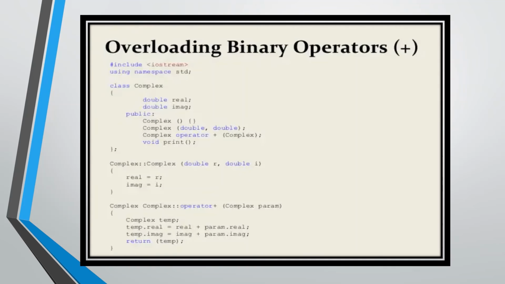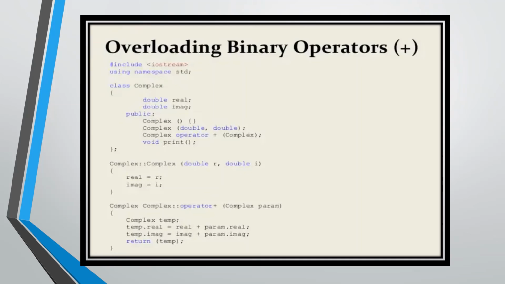Now Complex is the return type. Complex is the name of the class. Scope resolution operator, operator keyword, plus is the name of the function, Complex param. So here we are going to pass the value as an argument, as an object, and its data type.